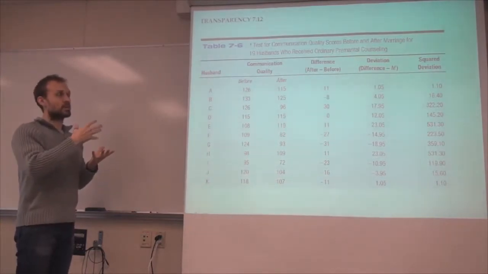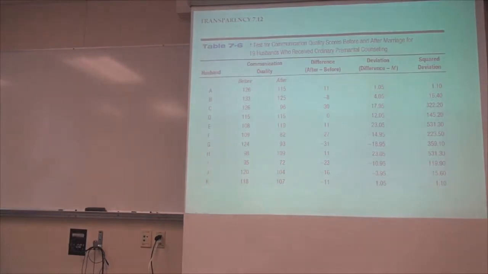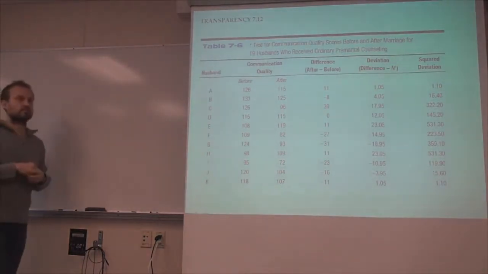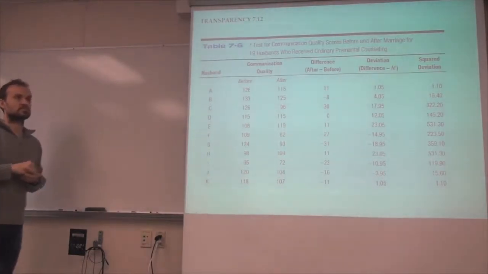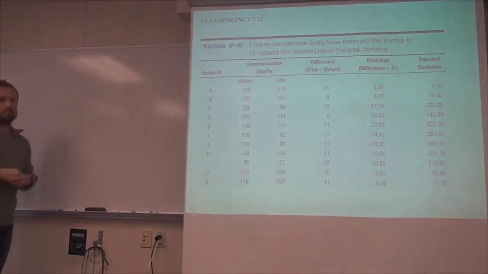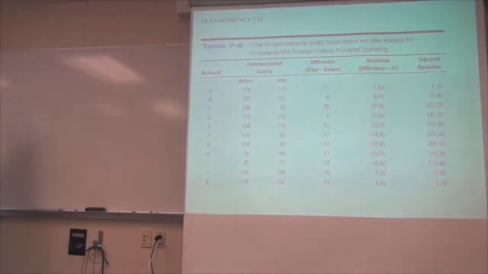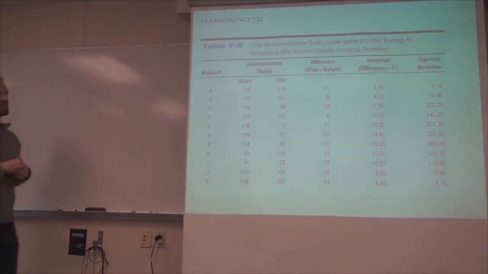Then I look at them before the treatment and after the treatment, and I see if the average rating of whatever the treatment is trying to affect has changed. So if I'm treating stress, for example, I survey the people before the treatment, after the treatment, and see if there's a difference in the average stress rating.